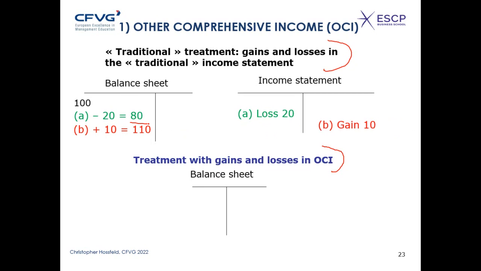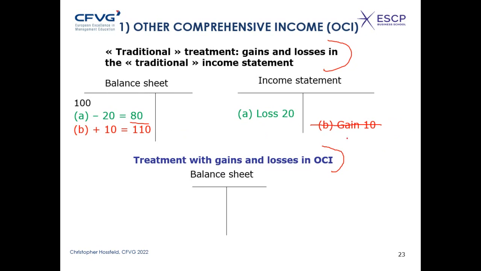Now in real life, in situation A, we do indeed account for a loss, and we would call this an impairment loss, for example. But in the B case, in traditional accounting, we do not account for this gain. The gain of 10 usually does not appear in the income statement. So we don't do this.